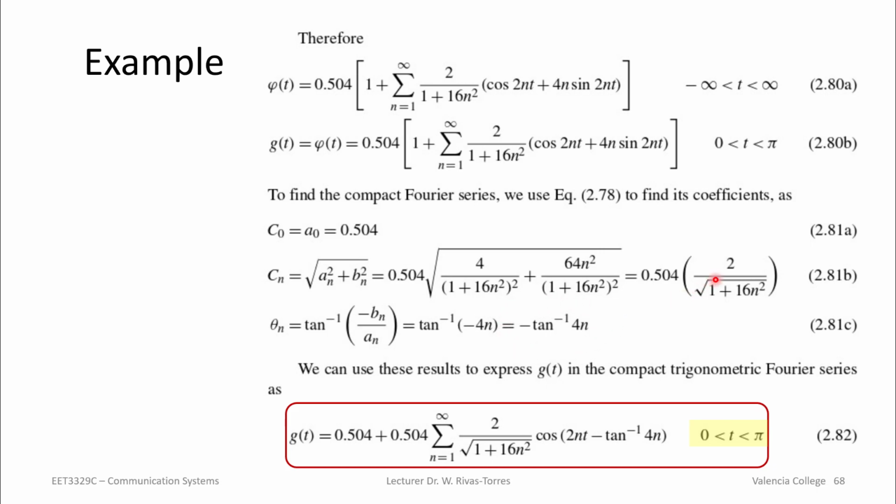You end up with these two expressions, and then g of t ends up being something like this. And this is easily programmed inside of Octave or MATLAB between 0 and pi. By now, I presume you guys know how to do that. And a nice experiment would be to change, notice how it says n equals 1 to infinity.